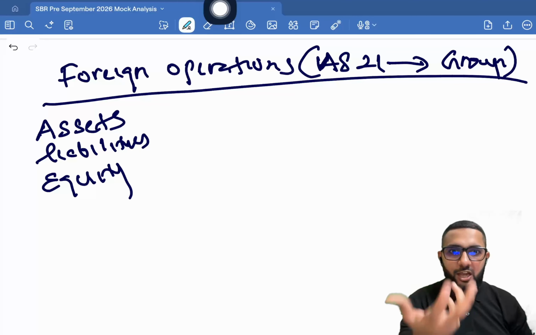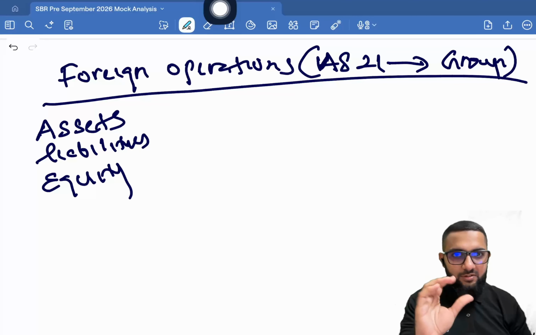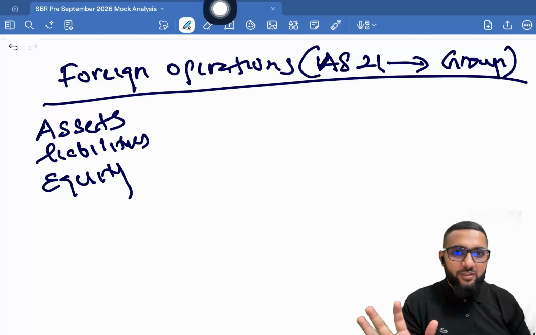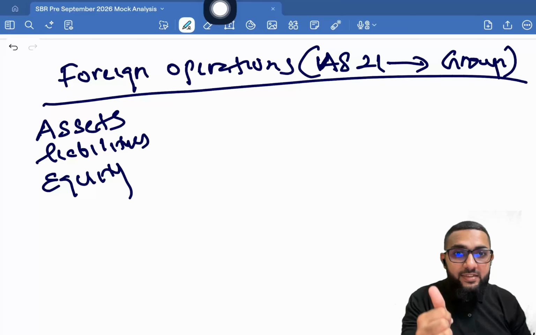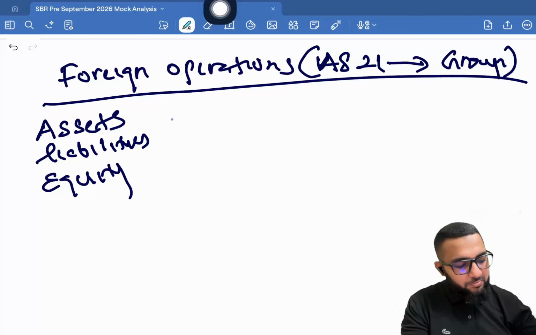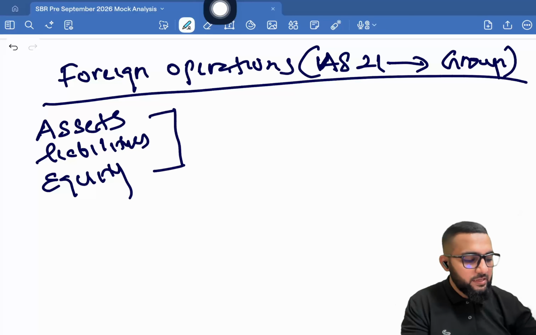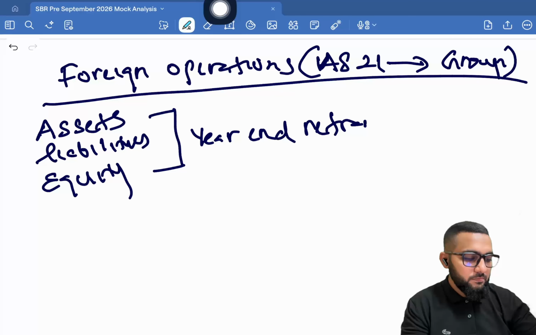Because you take the parent's shareholding, the share capital and share premium, you don't recognize, there's no post-acquisition recognition. Year end retranslation is necessary using the closing rate.